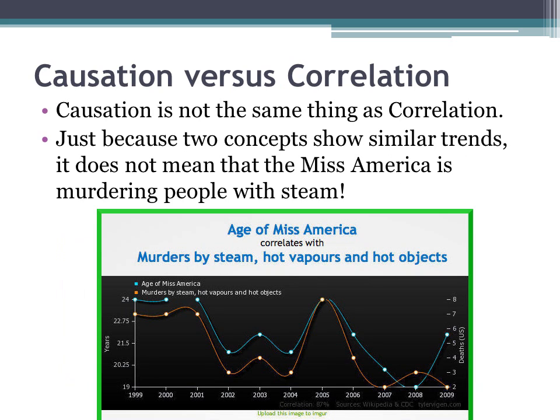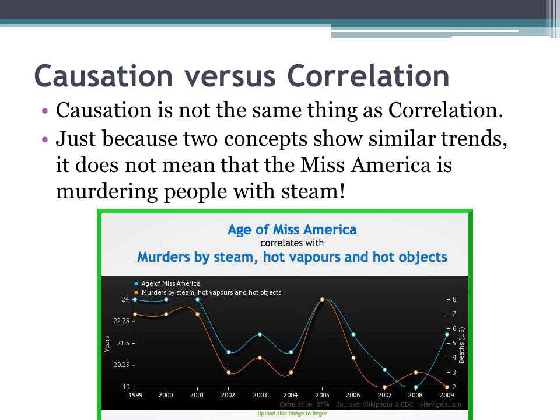A lot of people get the concept of causation confused with correlation, and we've talked about this already in this class, but just to emphasize this, just because two concepts show similar trends, it does not mean that Miss America is murdering people with steam.